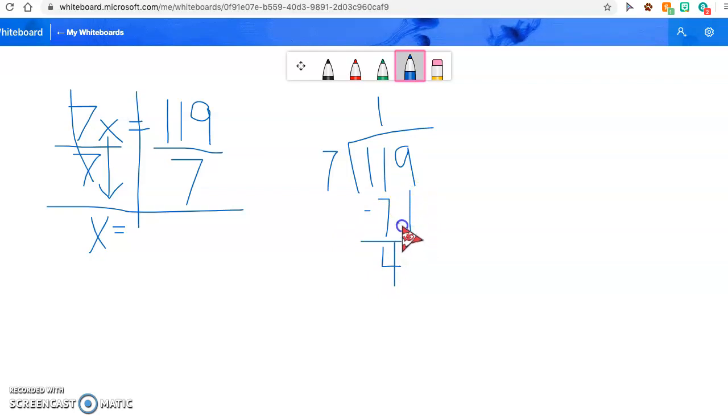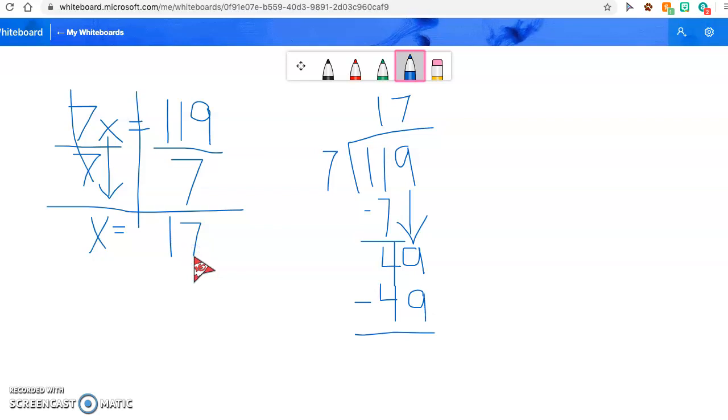We bring down our 9, and 7 goes into 49 7 times. 7 times 7 equals 49. So that means that our x is equal to 17.